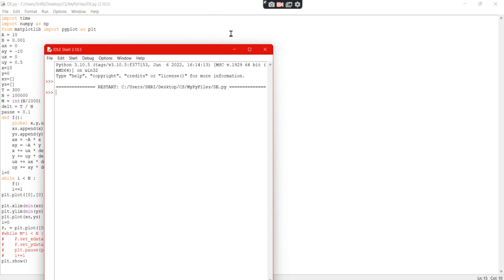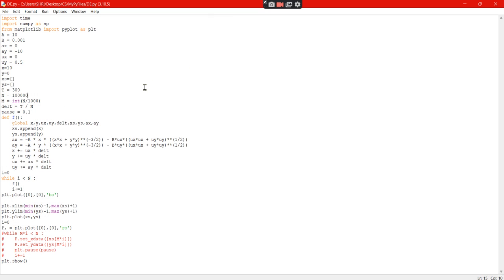Let's keep on going. We'll increase this by putting another zero. Control S. Now you've got a million, right? Let's run this thing. Now it's going to take much more time because we have increased this.